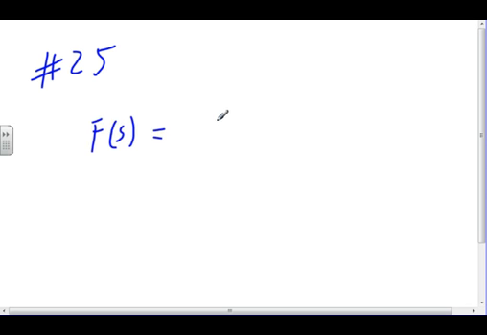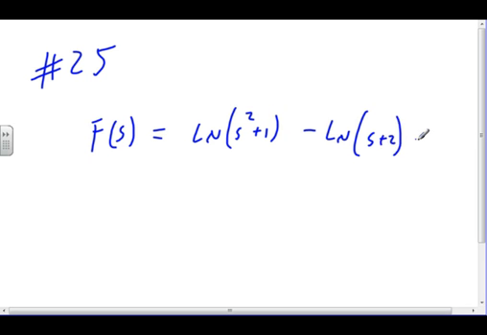Here's 25. Natural log of s squared plus 1 minus natural log of s plus 2 minus natural log of s minus 3 is equal to the Laplace transform of, well, not yet.